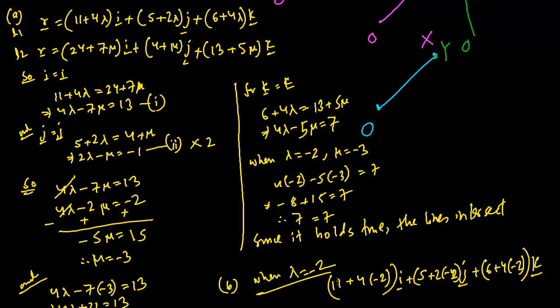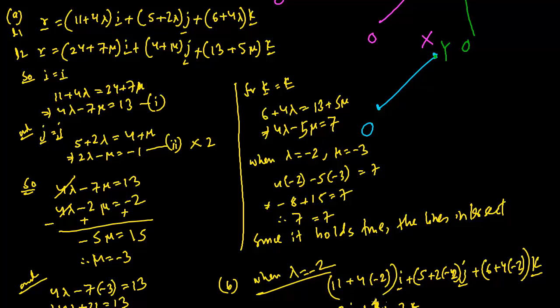And this turns out to be 11 minus 8, which is 3 i, 5 minus 4 is 1 j, and 6 minus 8 is minus 2 k. I didn't understand my own handwriting. I think this is minus 2. So then it would be 5 minus 4. This would be plus 1.